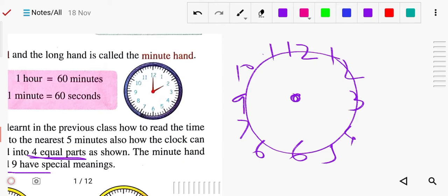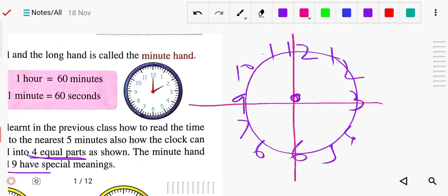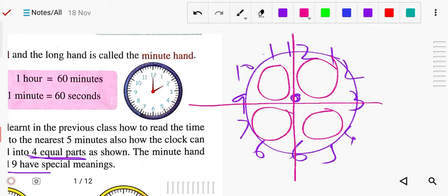If I divide it from here and from here, you can see that this clock is divided into four equal parts. So there is some special meaning for these numbers.